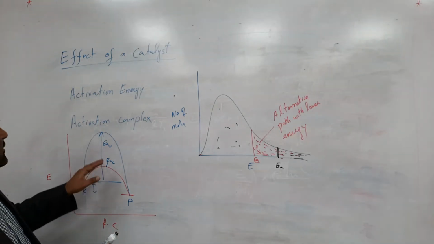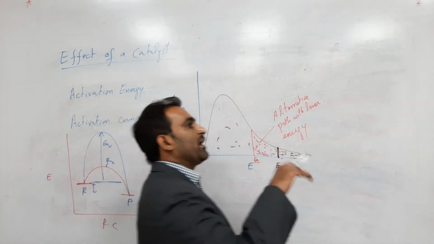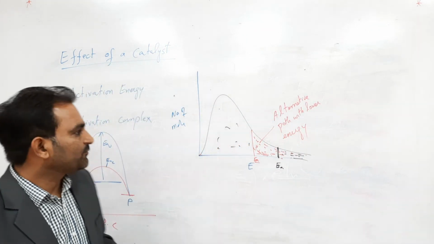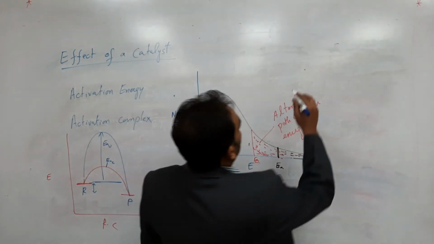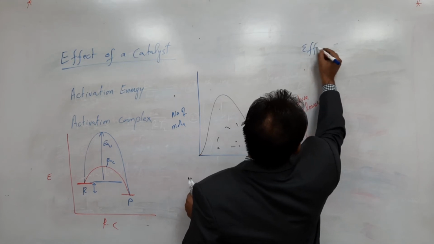That energy is called activation energy, meaning you have to break that intermediate to come up with product. Okay? So, for a particular reaction, what you have actually is collisions, meaning effective collisions.